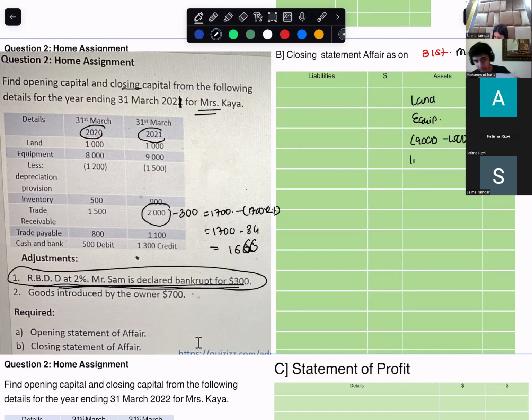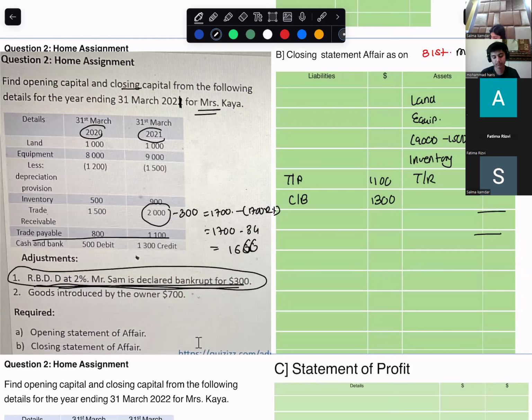Then inventory. Trade receivable 1,666. Trade payables is going to be 1,100. And cash in bank. If it's a credit balance, what does that mean? It means it's an overdraft liability, so you put it on the credit side.